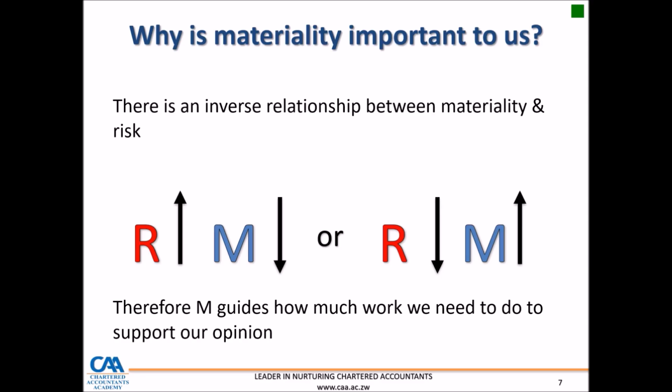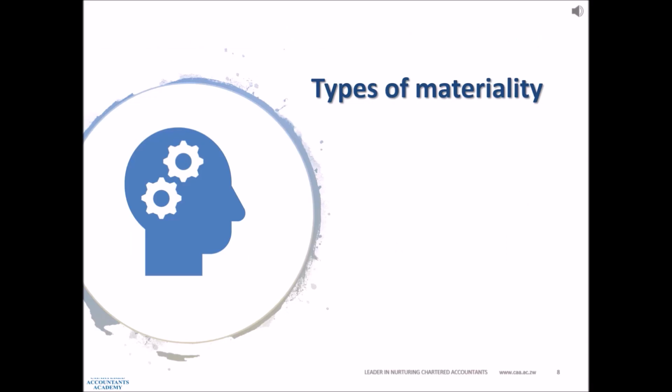There is need to lower materiality because you need to do more audit work to avoid expressing an inappropriate audit opinion. So remember, the relationship is inverse. Where risk is high, we are going to lower materiality. Where risk is low, materiality can be set high. Therefore, materiality guides how much work we need to do to support the audit opinion.